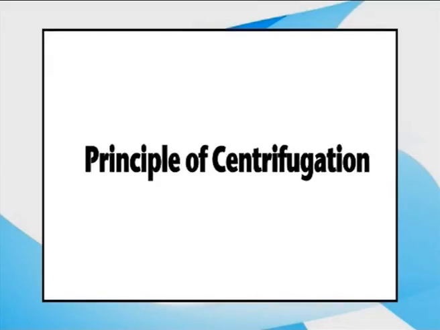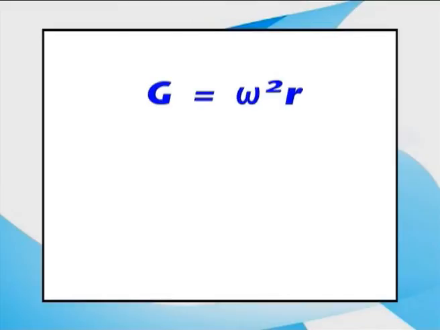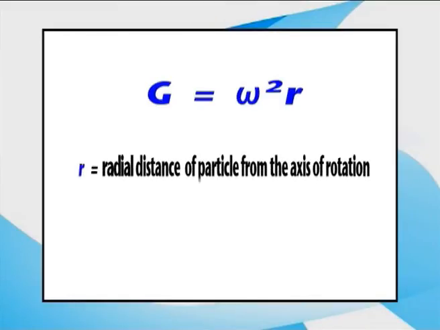First of all, the principle of centrifugation. When a particle in suspension is rotated at a high speed, it is subjected to a centrifugal force G, given by the equation G = ω²r, where r is the radial distance of the particle from the axis of rotation and ω is the angular velocity of the rotor.